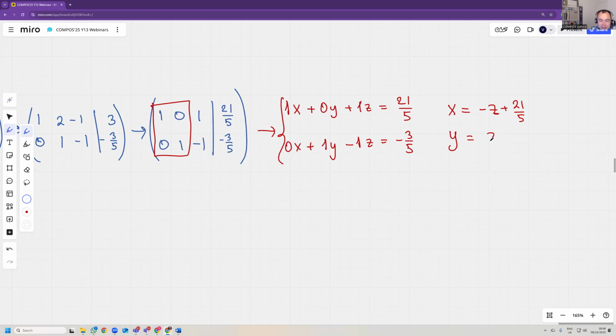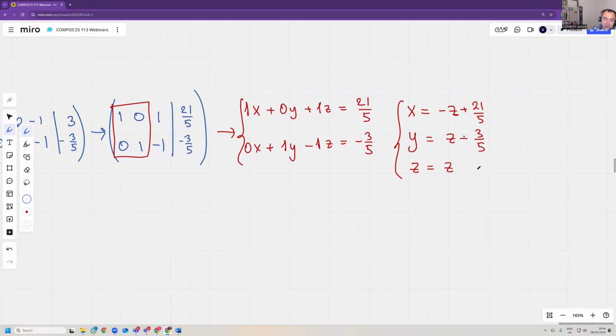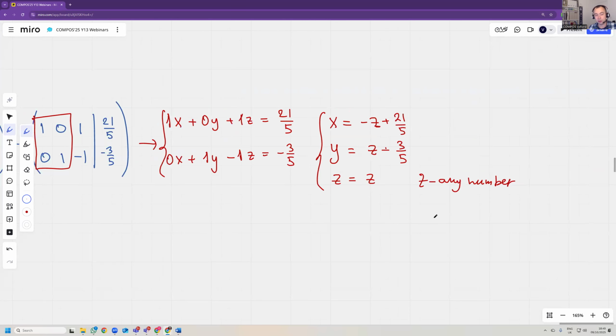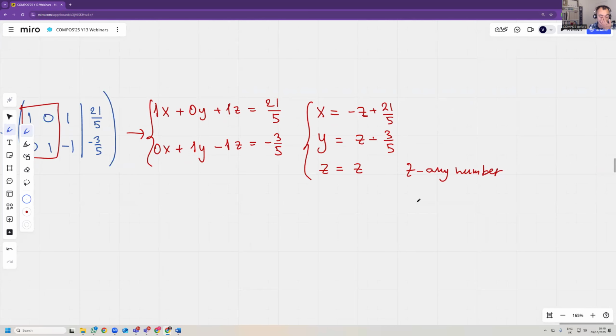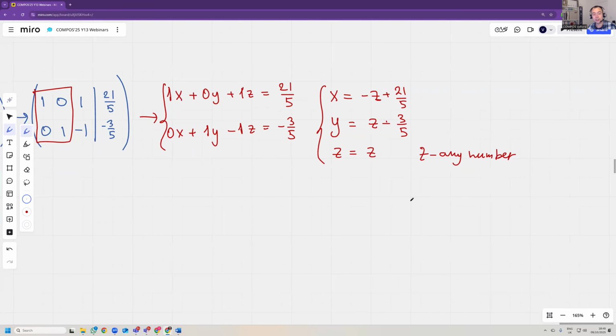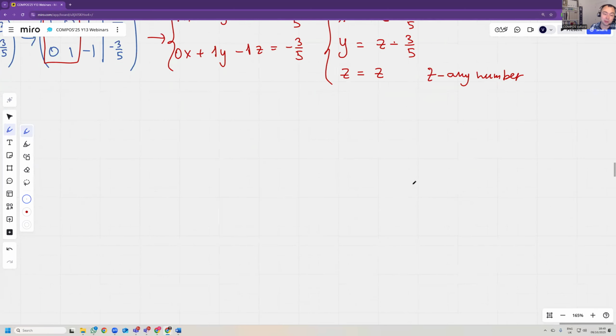Y can be written as z minus 3/5. And z is just z, so it's independent. We say z is any number. We sometimes refer to this as 1 degree of freedom. So the solution has 1 degree of freedom, or 1 independent parameter.